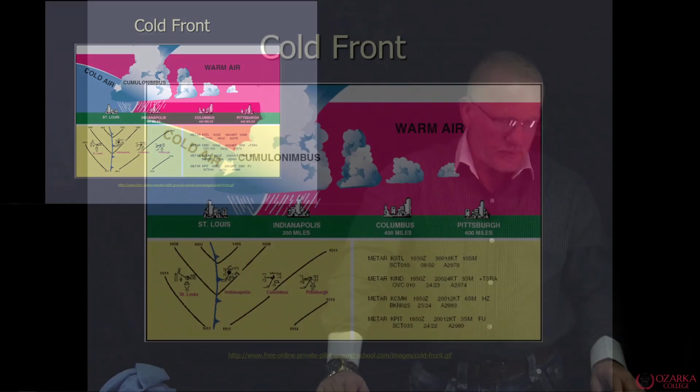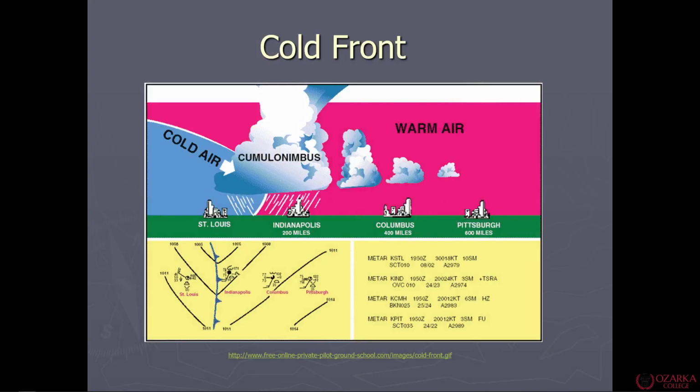So let me blow this up so you can see it. So this is normally how a cold front will interact with the warm air, right? So there over St. Louis, the front has already passed and the colder air has replaced the warmer air. Now the slope of the cold front is in between St. Louis and Indianapolis. Well, that is triggering showers and thunderstorms ahead of the cold front where you have the cumulonimbus cloud.